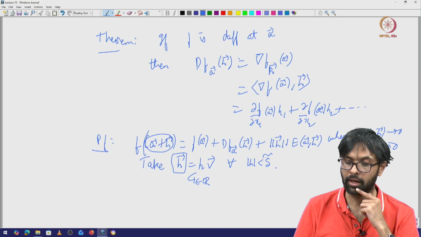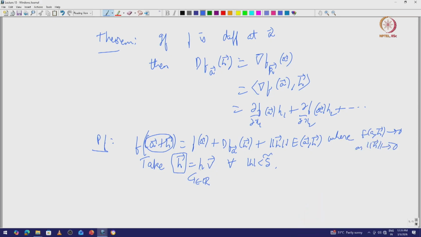What does that imply? If you substitute this particular value of h and divide by h, f of a plus h times v minus f of a divided by h is df at a applied to h times v, divided by h, plus the error term.